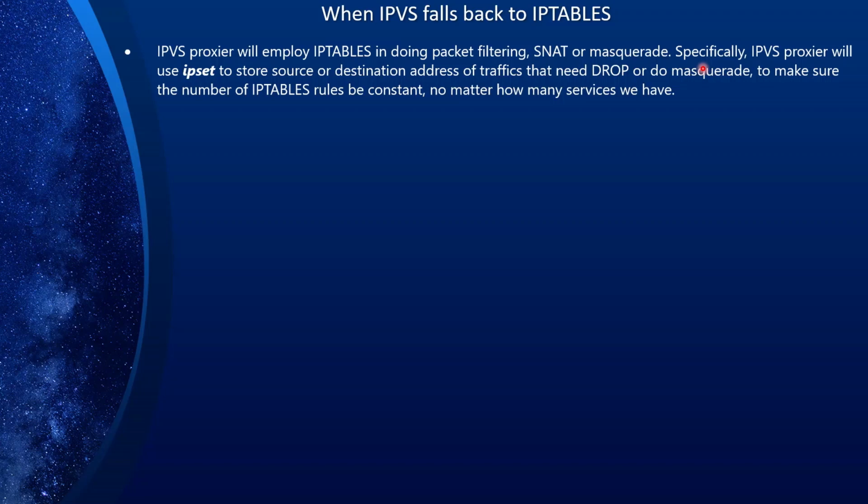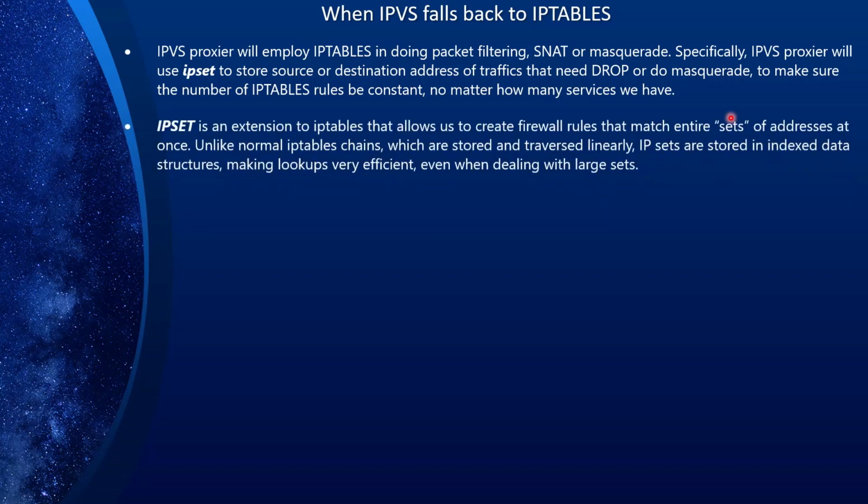Specifically, the ipvs proxier will use ipset to store the source or destination address of traffic that needs to be dropped or masqueraded, to make sure the number of iptables rules is constant no matter how many services we have. So it will use something called ipset to keep track of the source or destination traffic that needs to be dropped or masqueraded. So what is ipset?